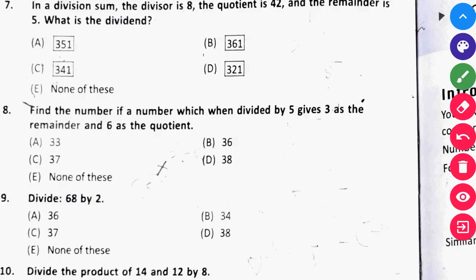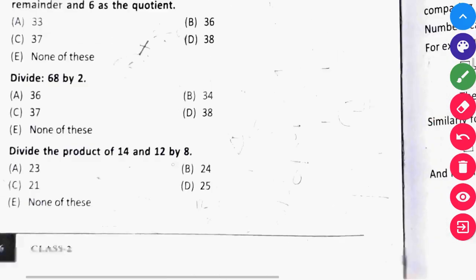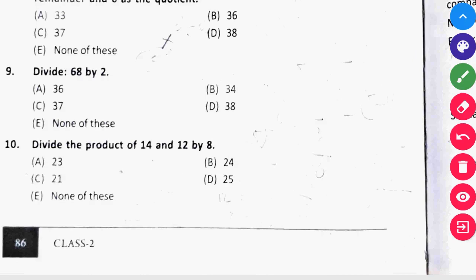Divide 68 by 2. This is a simple one. You can divide at home. This one is for homework. I hope you understand the two problems. If divisor is given, dividend is asked, and quotient and remainder are given, what can we do to find the dividend?